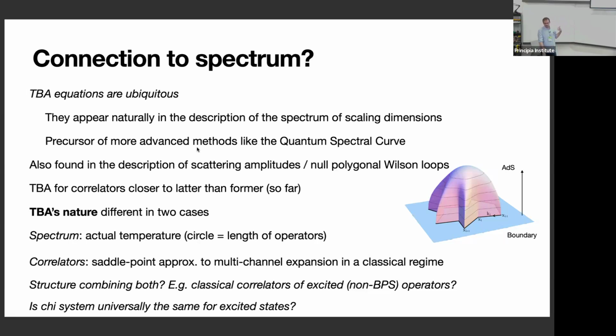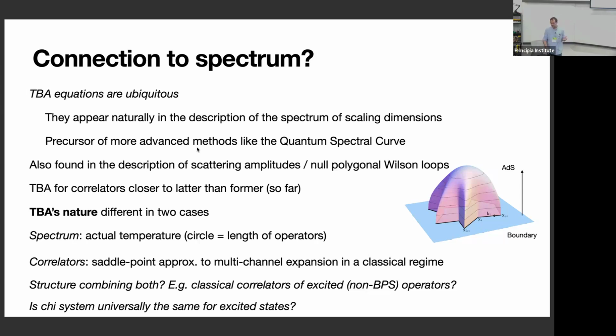It turns out that the TBA is a structure here to describe this saddle point. So the two are very different in nature, but we may still hope that they have some sort of overlap, and that possibly the two structures can be combined together, such as to describe more complicated correlation functions like the one for excited or non-BPS operators, for instance.